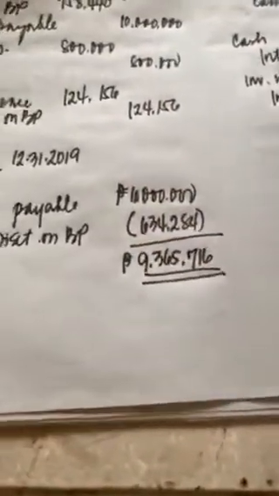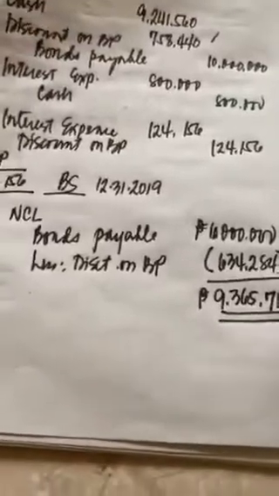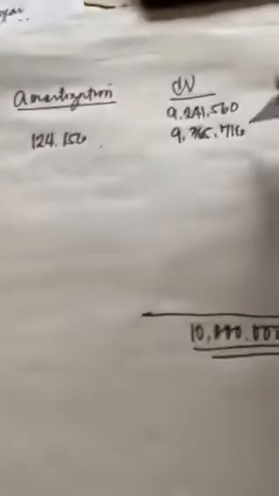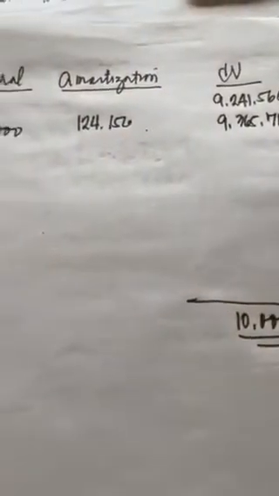At December 31, the issuer will show this amount as bonds payable, which is equal, if you look at the amortization table, to the carrying value of the bond. Just do the remainder of the years, and you will have to amortize the remaining 4 years. Okay, thank you very much.